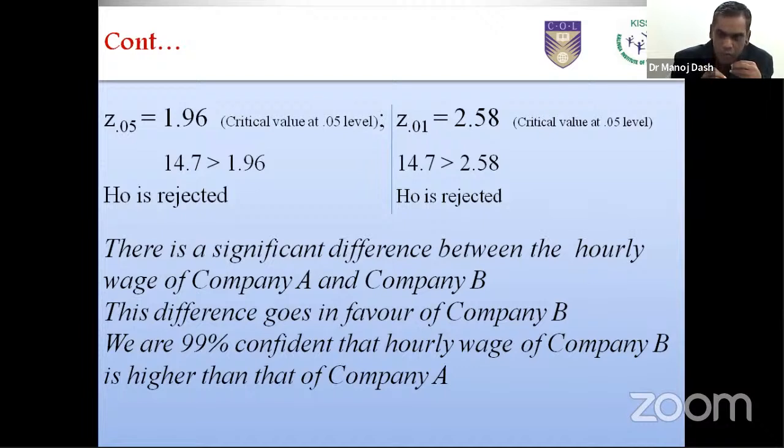We are using the formula. Based on the formula, scientifically, we are going to prove whether the difference is significant. If the difference is significant, there is enough to look into the aspect and see that, yes, definitely the wages given by company A are much better than the wages given by company B as per our calculation.